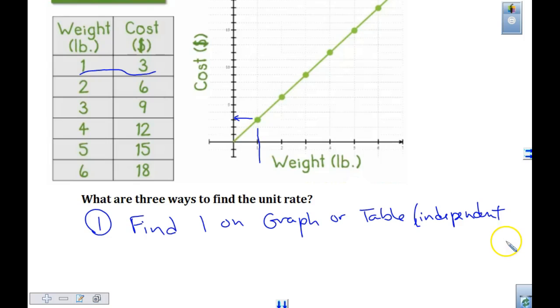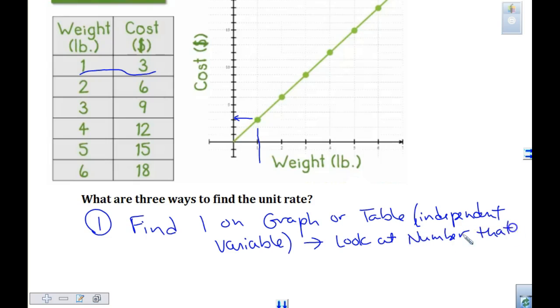Once you find that 1, look at the number that it corresponds to. What do I mean by that? In this case, this was 3. Oh, 1 with 3, right? So look for the number that corresponds.